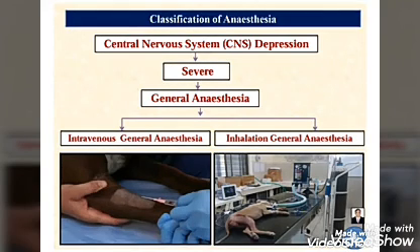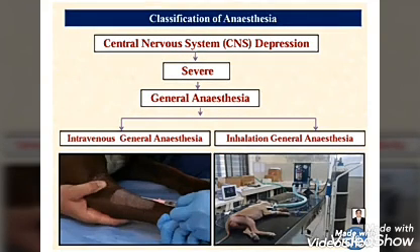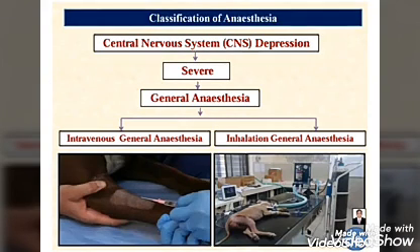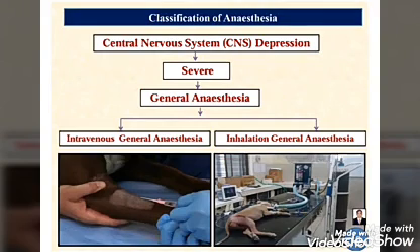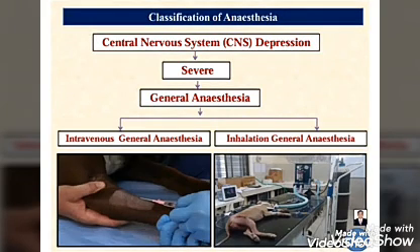Inhalation anesthesia can be achieved by the administration of volatile anesthetic agents like isoflurane, sevoflurane and halothane by inhalation, meaning through the respiratory system, while intravenous anesthesia can be achieved by the administration of drugs via injectable routes, and results in the loss of consciousness of the patient for a specific time duration.